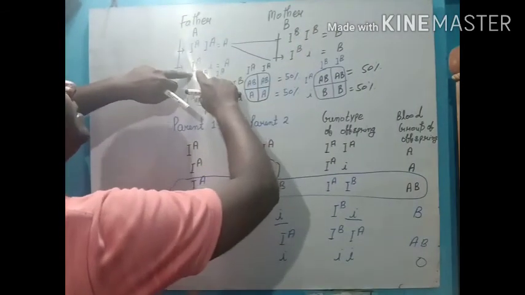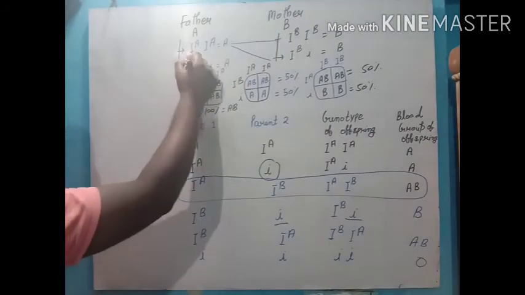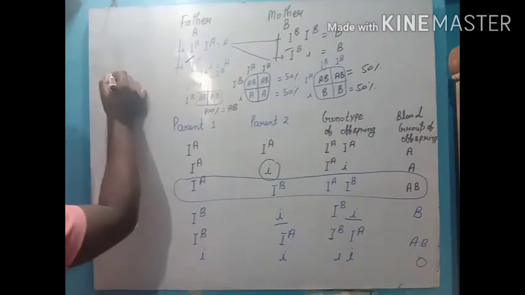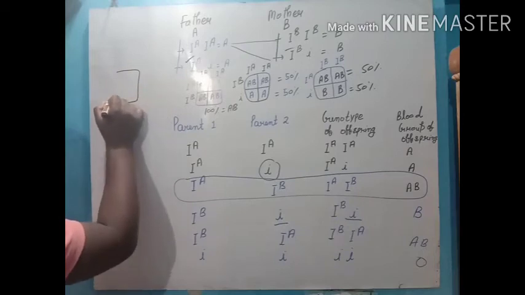Now the cross between this one and this one. What is the result we are getting here? Try to understand.